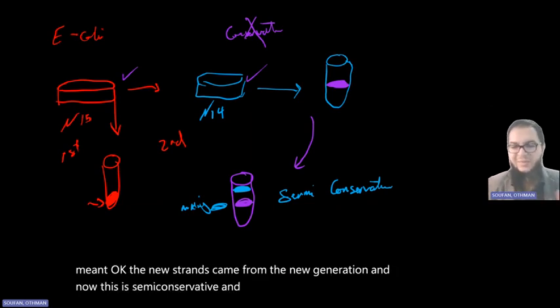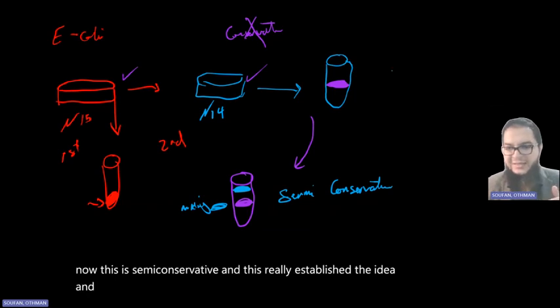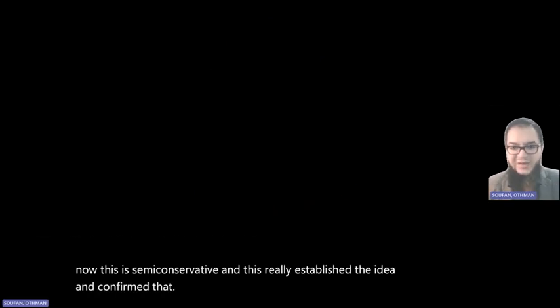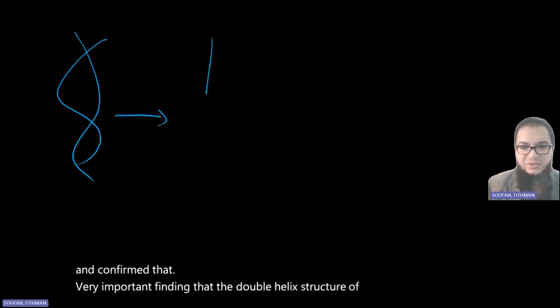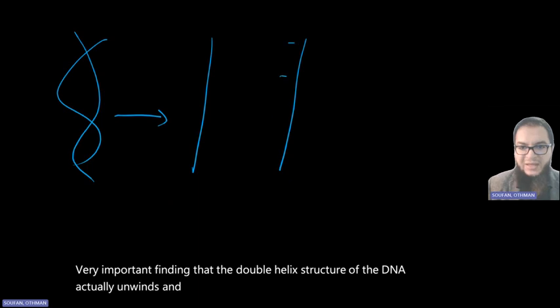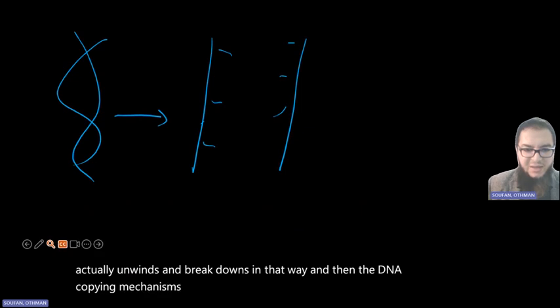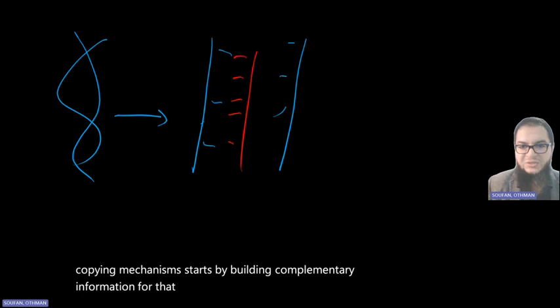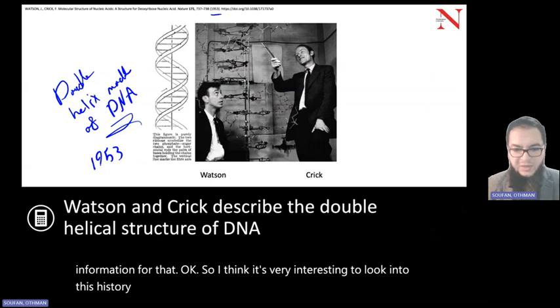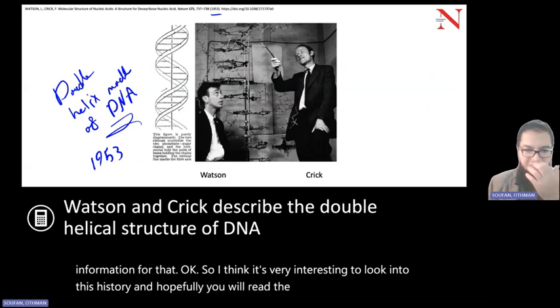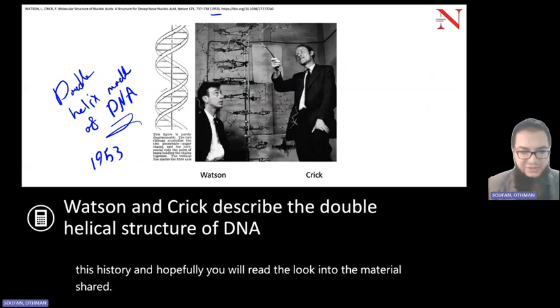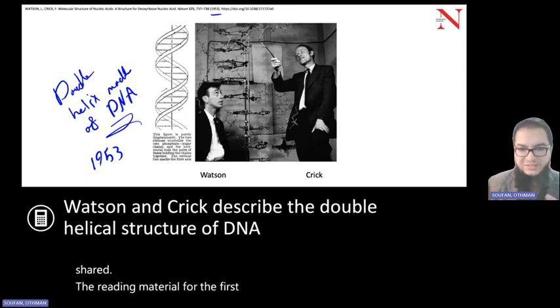And this really established the idea and confirmed that very important finding, that the double helix structure of the DNA actually unwinds and breaks down in that way, and then the DNA copying mechanism starts by building complementary information for that, okay? So I think it's very interesting to look into this history, and hopefully you will look into the reading material shared for the first week, and I think that is very helpful.